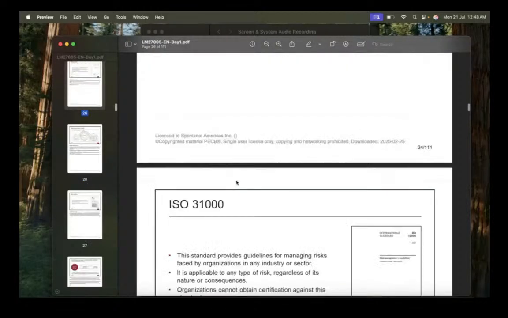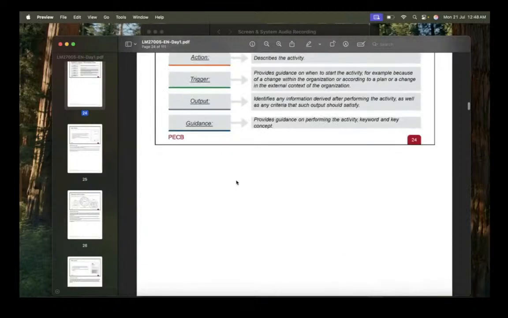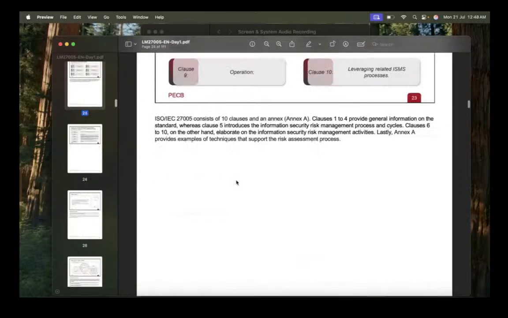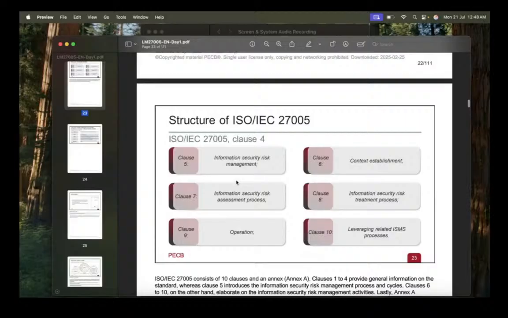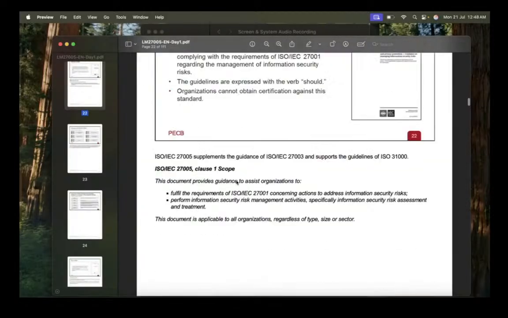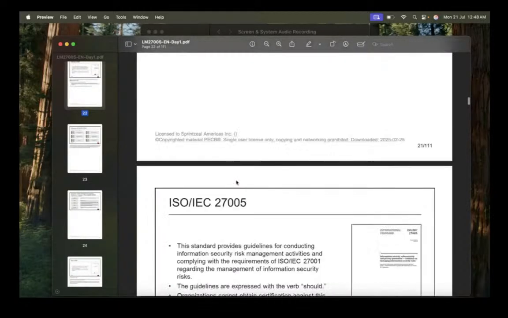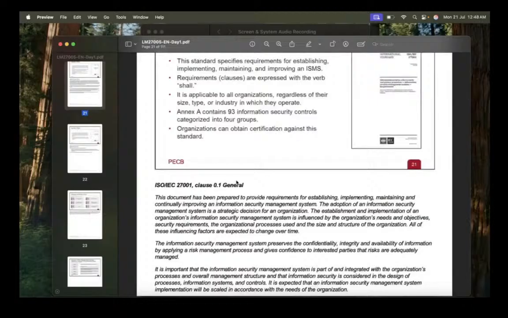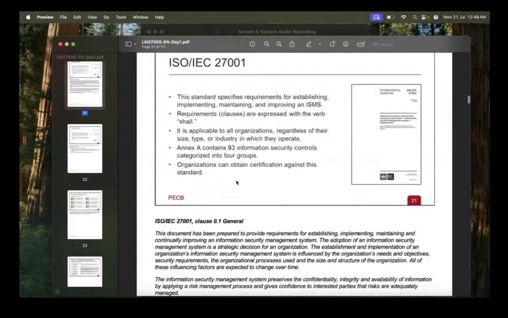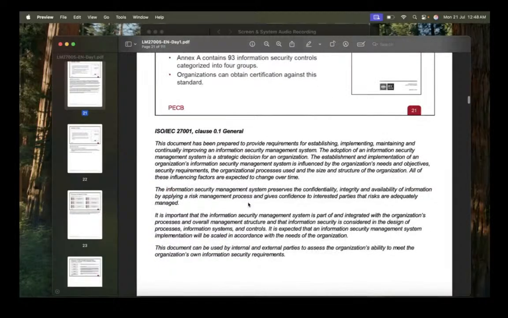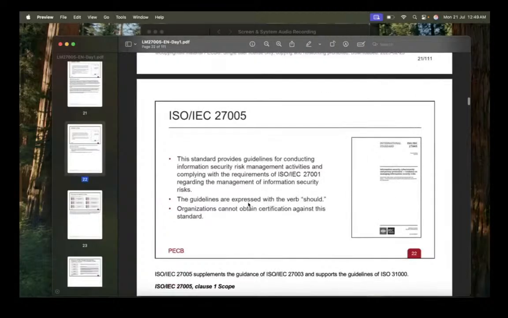We discussed 27001, and you told me that organizations can obtain certification against that, right? Yes, 27001. Organizations can obtain certification against that standard. Then 27005, cannot obtain.